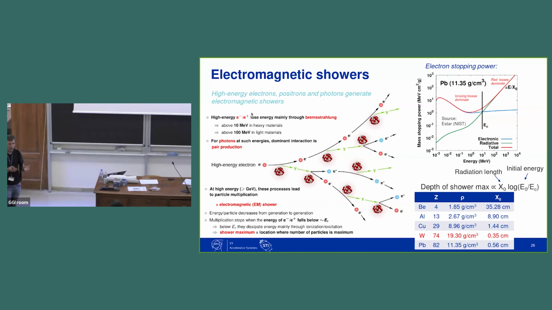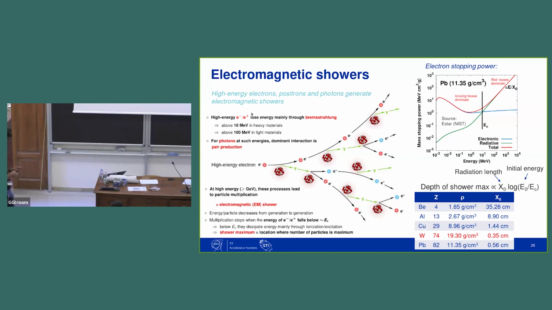This leads to a multiplication of particles, as we heard before, and this is what we call the electromagnetic shower. Of course, the energy of the particles decreases and decreases, and then this multiplication stops when we fall below the critical energy, where more or less the ionizing energy loss and the radiative losses are equal.